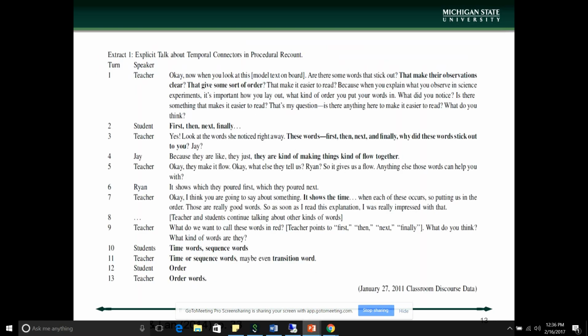Okay, so the idea is that as students are constructing the text, they're jointly constructing the text with the teacher scaffolding. And I use this particular example here from their article to show specifically how the teacher is focusing on language.